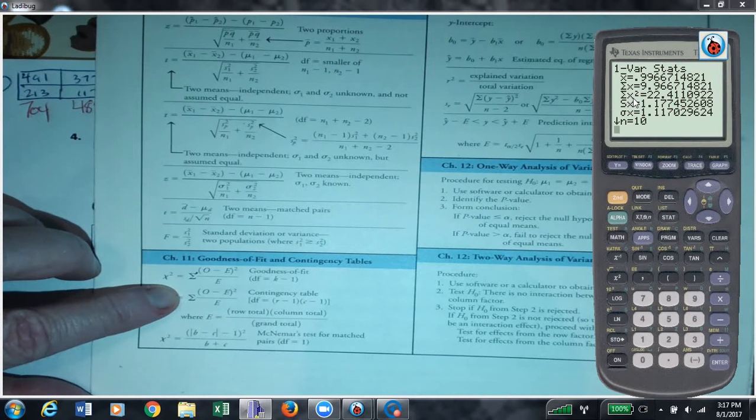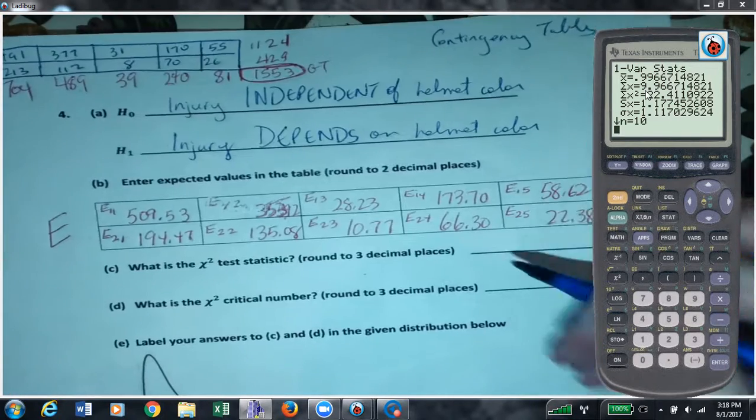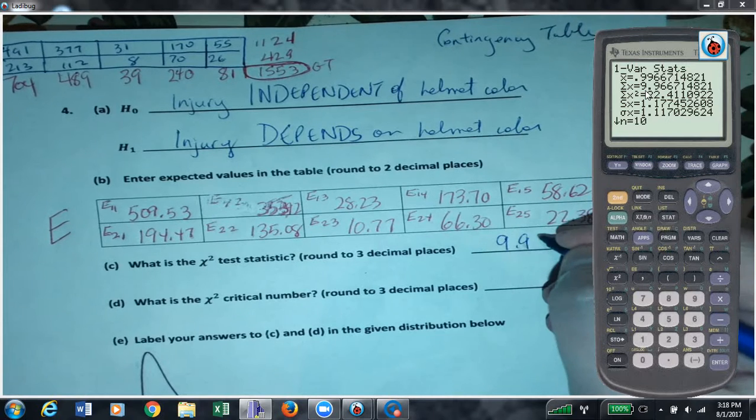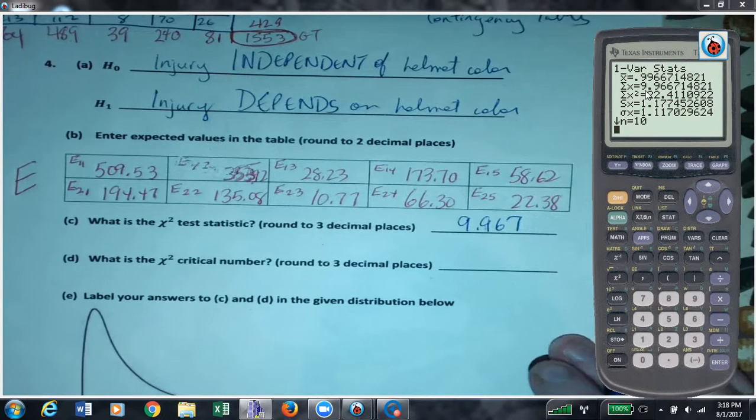That is not a chi-squared. That's the summation of each individual thing squared. This is what I want, the summation of everything in list 3. Taken to 3 decimal places, that's 9.967. That is my test statistic.